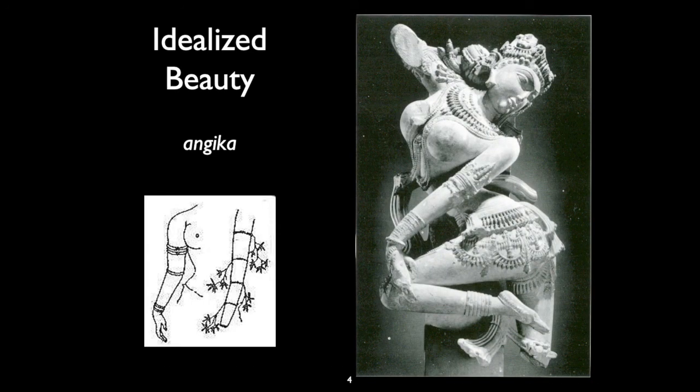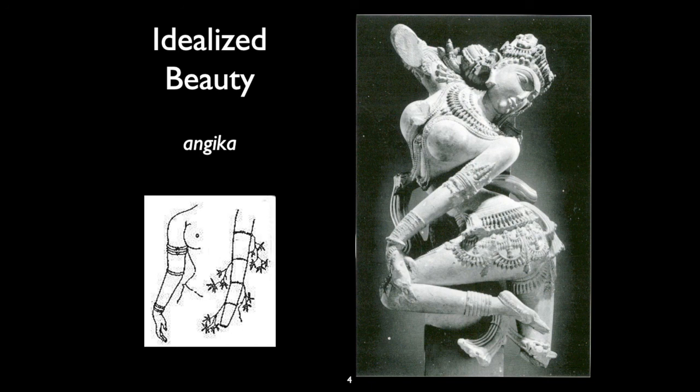Another important aspect of the statue is its idealized nature. It doesn't represent a specific human being or general human qualities. Though the features and proportions are clearly human, you'll notice that the shapes that make up the body are stylized. They are abstracted.